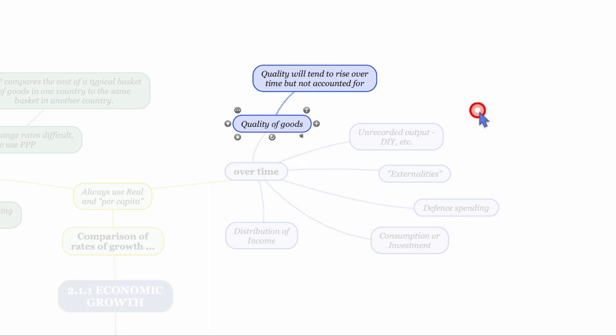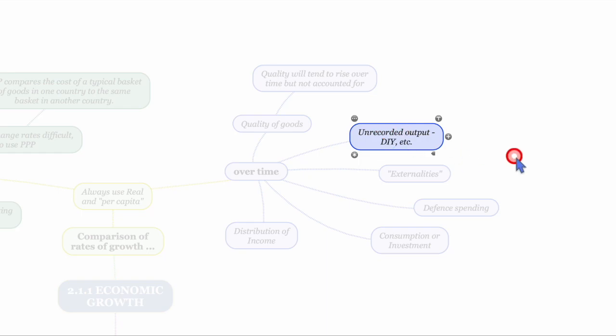So we might say we've got a 10% increase in the number of mobile phones, so we're 10% better off. But actually, what you can do on your phone now is so much better over time that the quality of life has gone up a lot more than simply 10%.